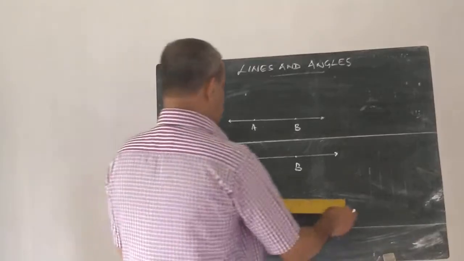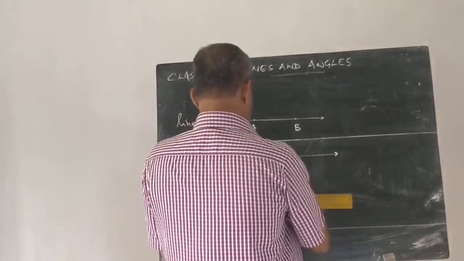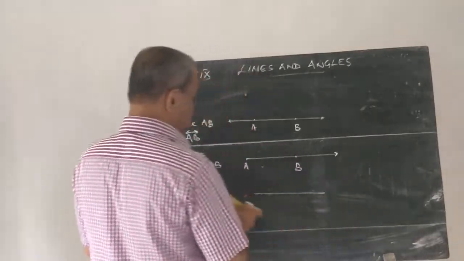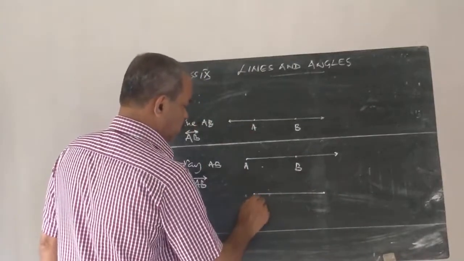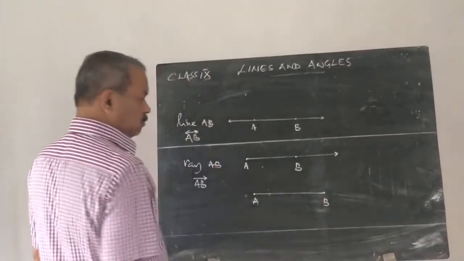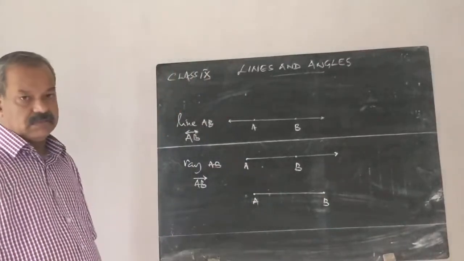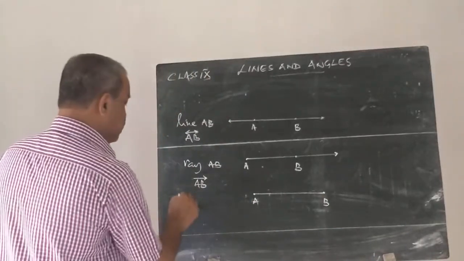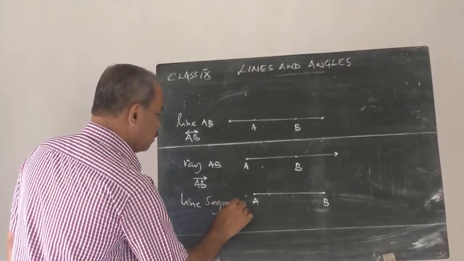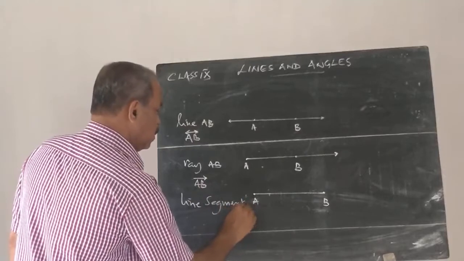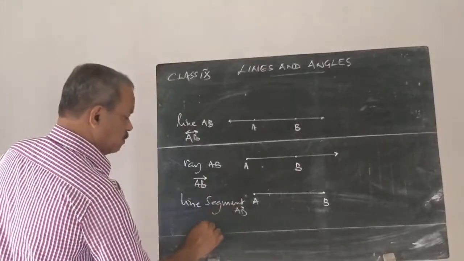Again consider a part of the line between A and B, including A and B. What do you call this? This is a line segment. Line segment AB, which can be represented like this.